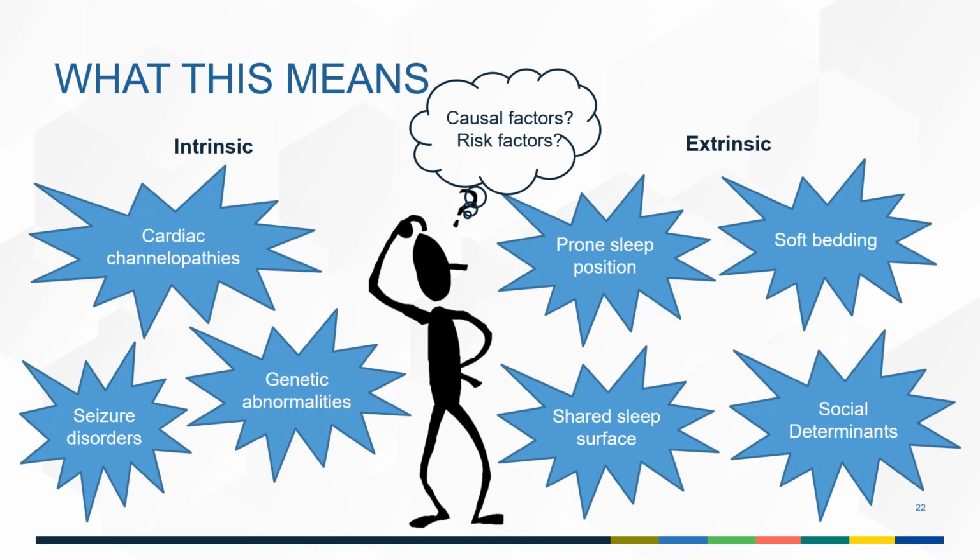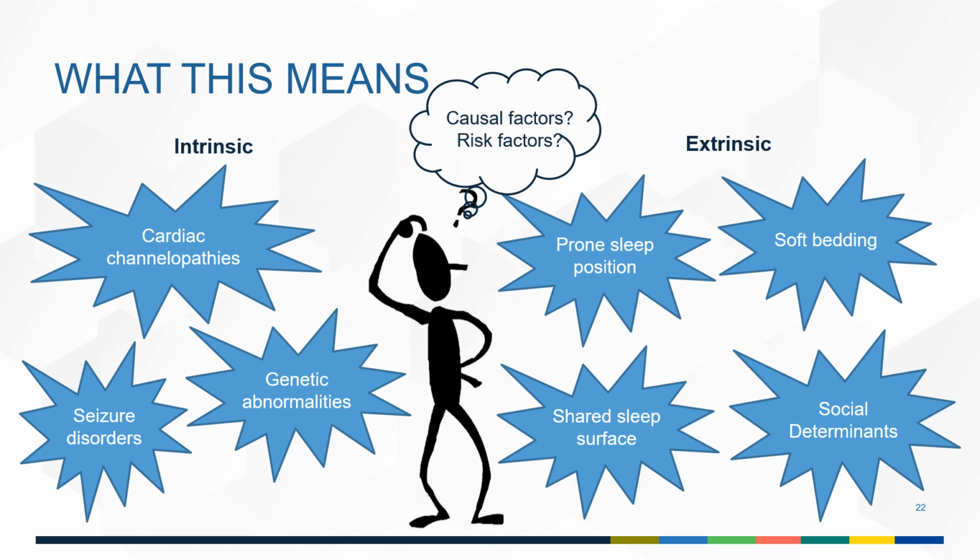We also conclude from the findings in the study that more thorough investigations and autopsies can help determine the role of intrinsic factors such as cardiac channelopathies, genetic abnormalities, or even seizure disorders, and/or extrinsic factors like prone sleeping position, soft bedding, or shared sleep surface in causing infant deaths.